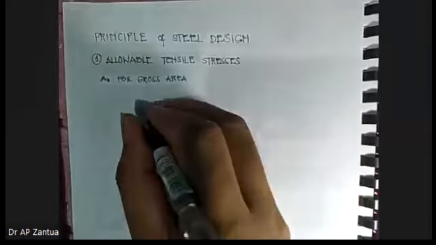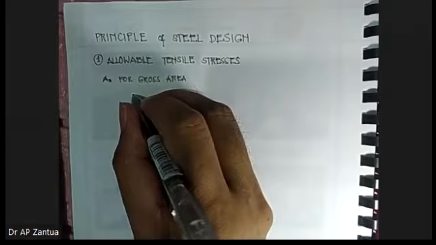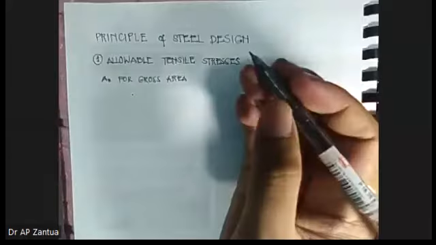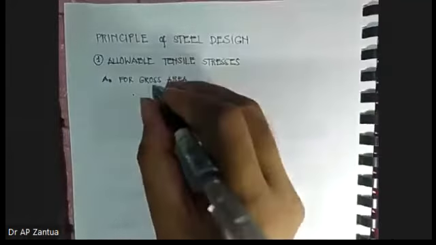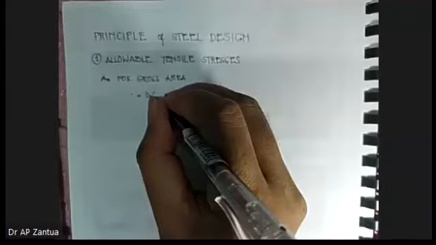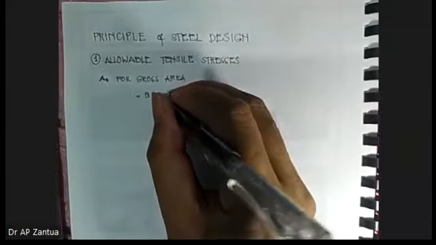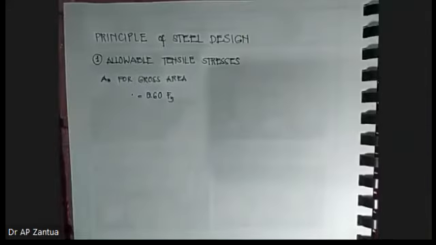So for gross area, the allowable tensile stress is 0.60 Fy. Okay, so that is the allowable.